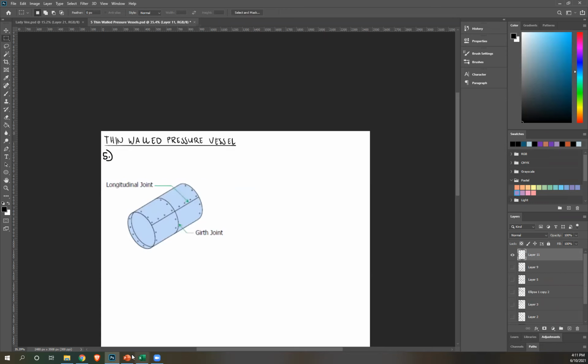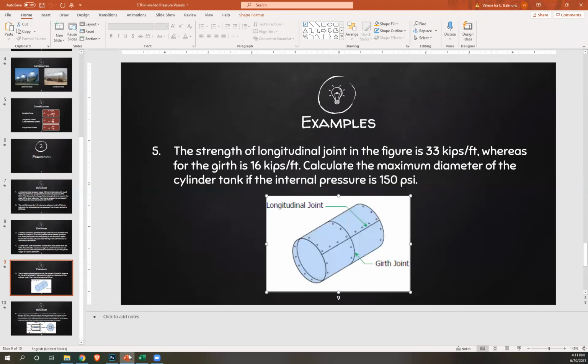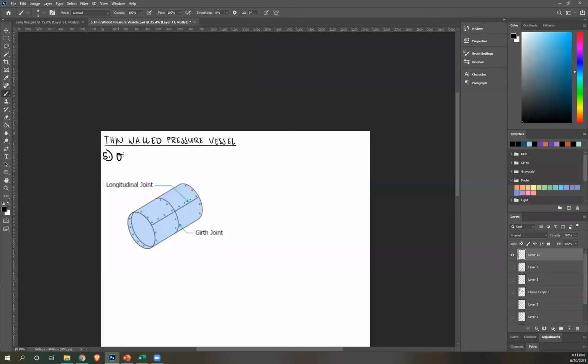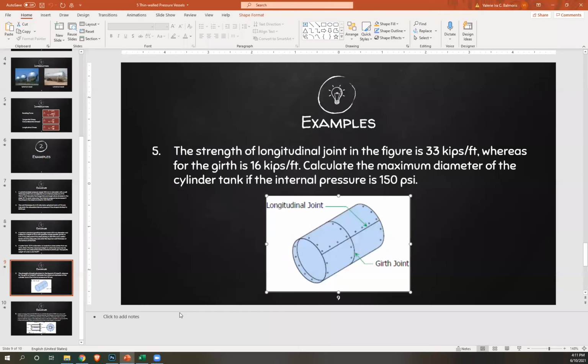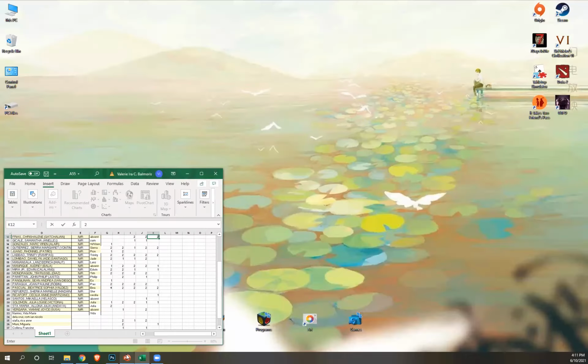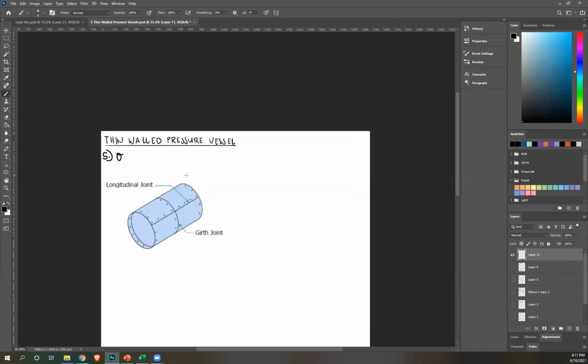Let's have our given. Longitudinal joint 33 kips per feet. That's not equal to longitudinal stress, okay? Read carefully. Strength in longitudinal joint. That means strength along this joint. So can anybody tell me, is that longitudinal stress or tangential stress?